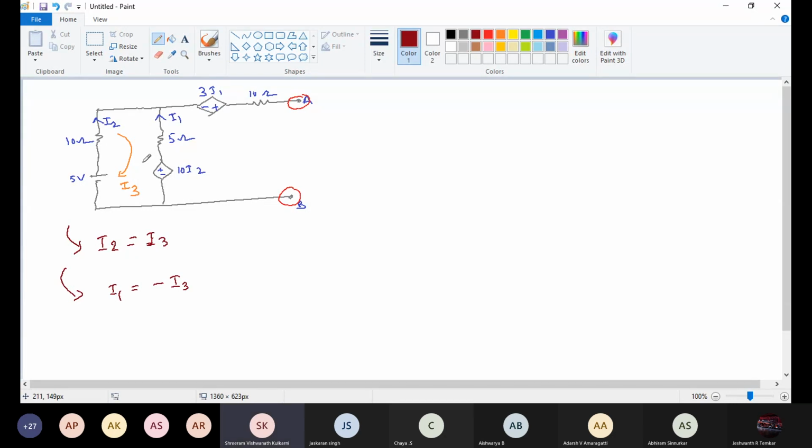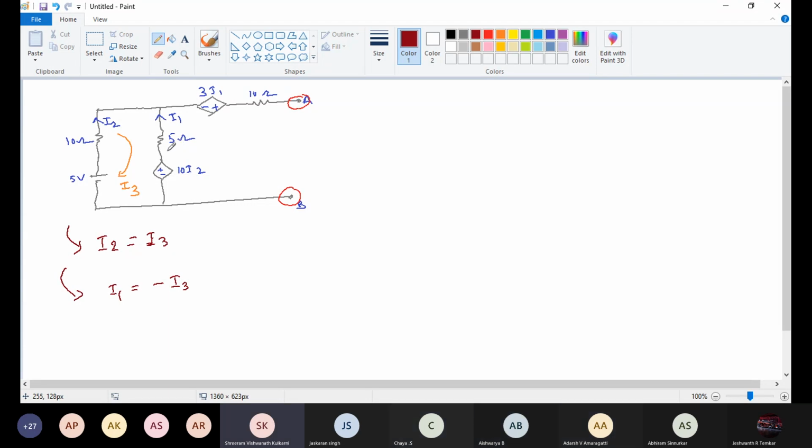In question itself, they mentioned the branch currents. Only one loop is there. That loop current I am going to mark as I3. Here I3 is nothing but I2, same current. I3 will flow in this branch, that is I1, and this is opposite to that. I1 is equal to minus I3. Understand?